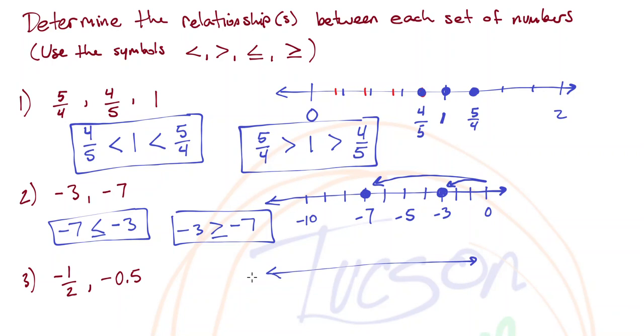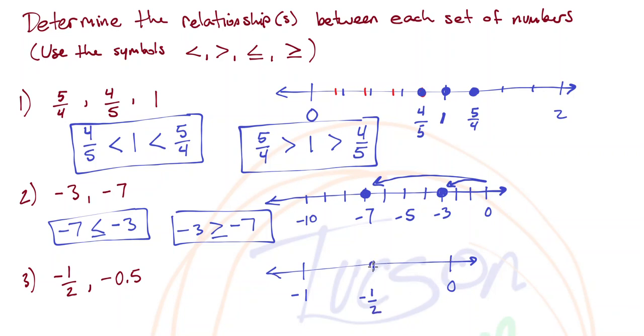We're going to see in just a minute the reverse of that situation. Okay, so my last one, number 3, I've got two negative numbers. Let's see, so I'll put my 0 there. Both of those numbers are between 0 and -1. So I can put -1 over here. And let's see, one of them is -1/2, which is halfway between 0 and -1. So there's -1/2. The other one is -0.5.